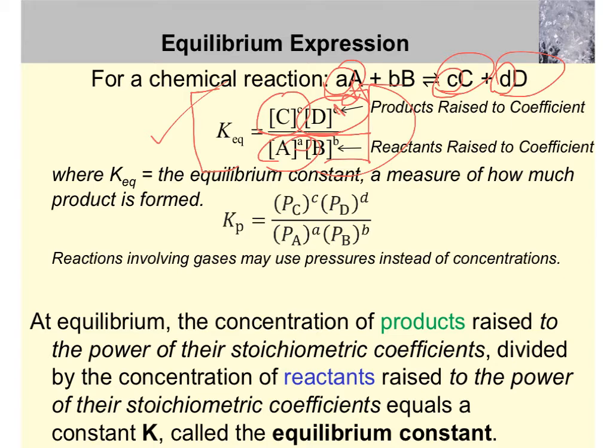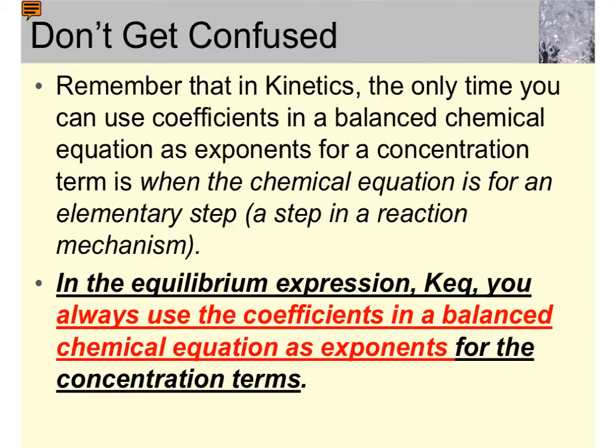You will occasionally see the equilibrium constant in terms of pressure instead of concentrations. That can only occur when you have at least one gas in the reaction. Now, all of the substances in a reaction don't have to be gases in order to use Kp. At least one of them does.